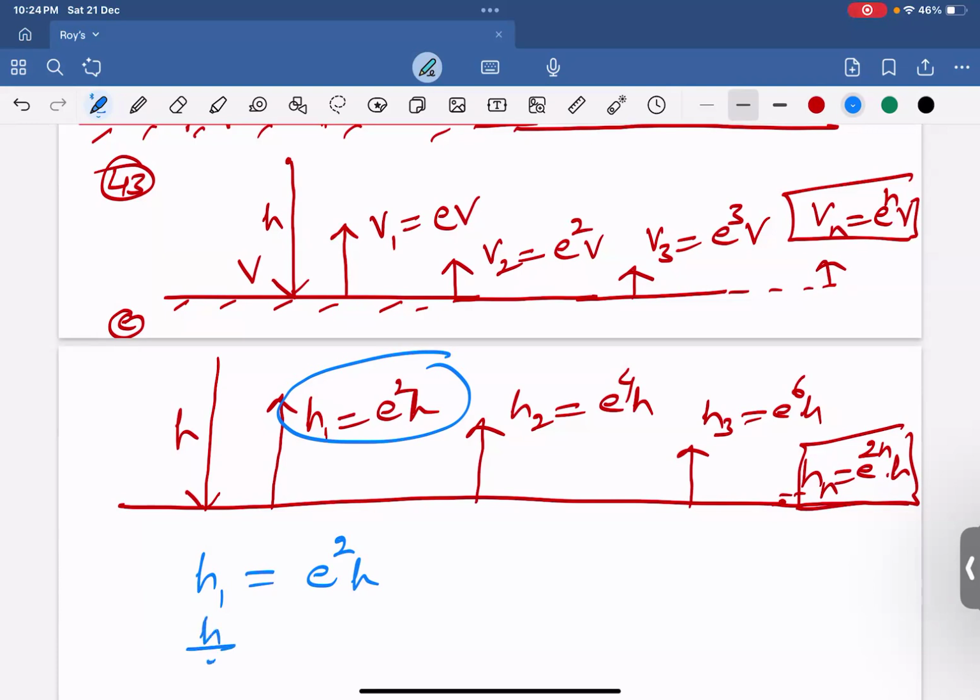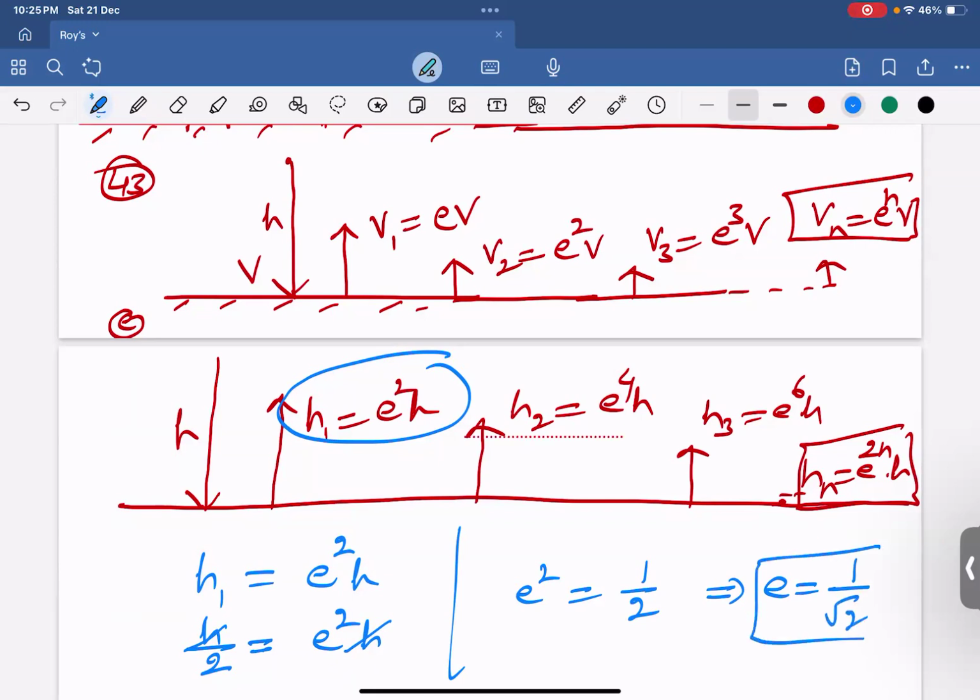So h by 2 is equal to e square into h. H you can cancel, so e square is 1 by 2. It gives you the value of e, that is 1 by root 2. I think in 43, the first option should be correct.